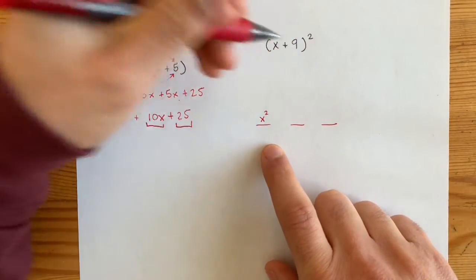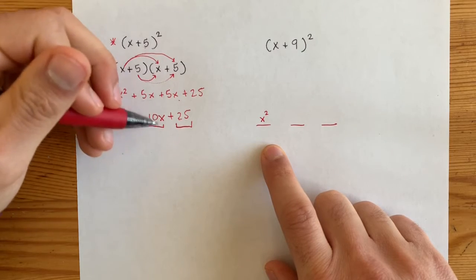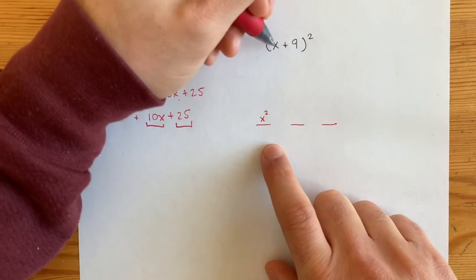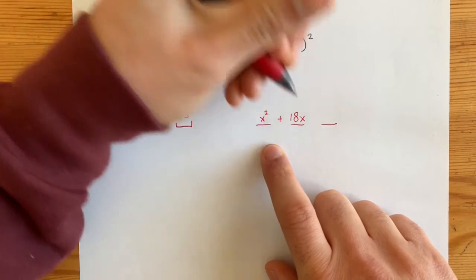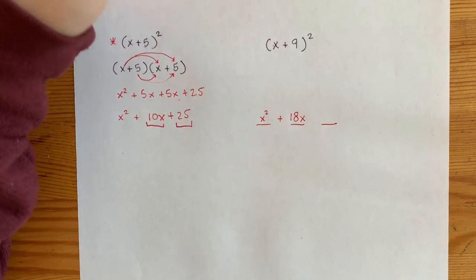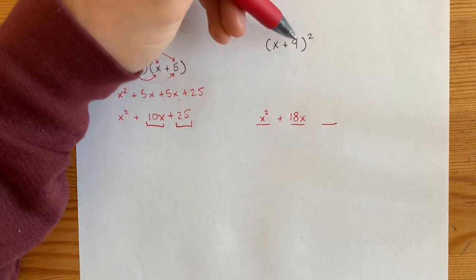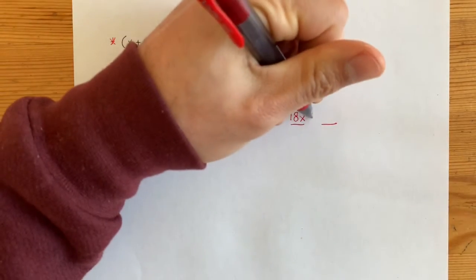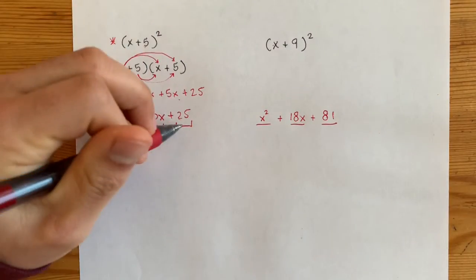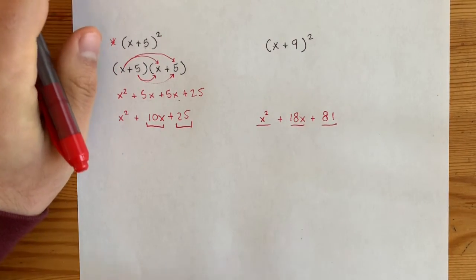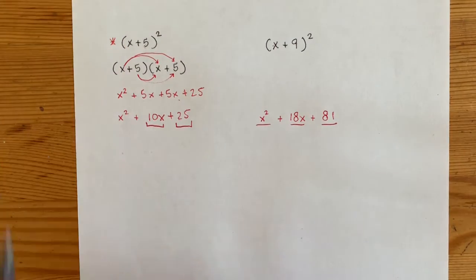The second term is this number times the x, doubled. So 9 times x doubled would be 18x, because it would be 9x plus 9x in the middle. And then the last term here would be this number squared, 81. And that's following that pattern. So that's a little bit of a shortcut we have here.